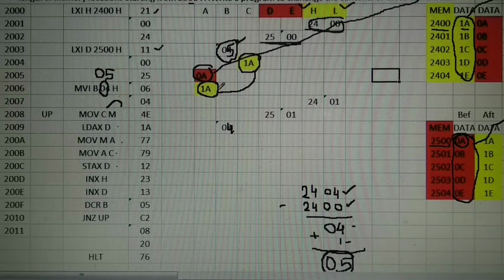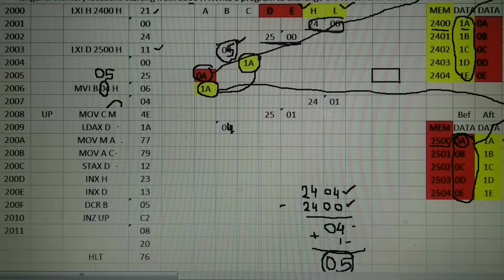That means this 1A is transferred to 2500. INX H, you go to the next address. INX D, you go to the next address.